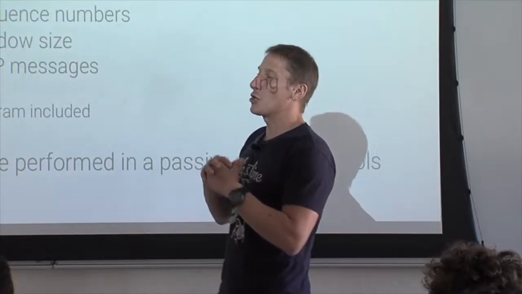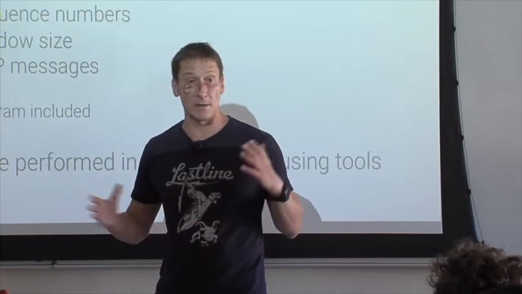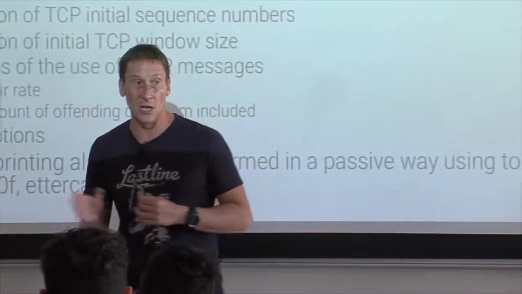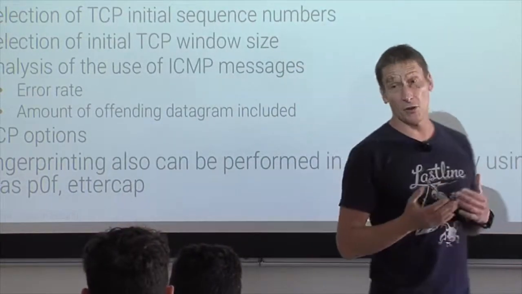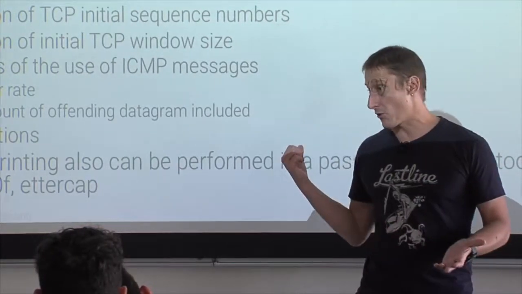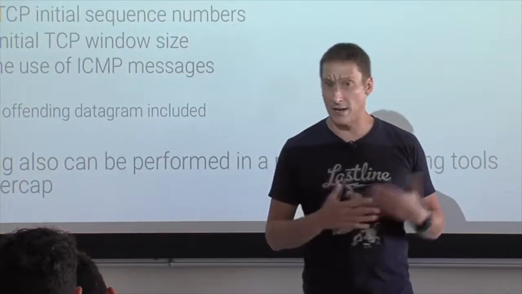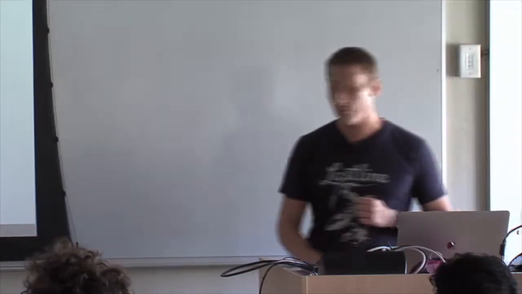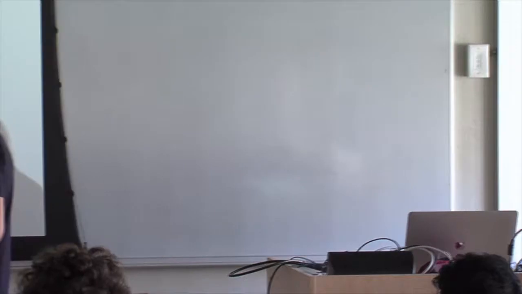It has a ton of different specifications, and it can be incredibly effective in actively fingerprinting a remote host. Of course, there are also countermeasures. You can modify your kernel to drive these tools crazy by sending all kinds of weird replies, but that's a different story.